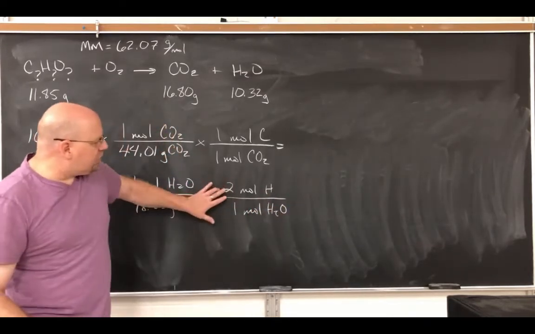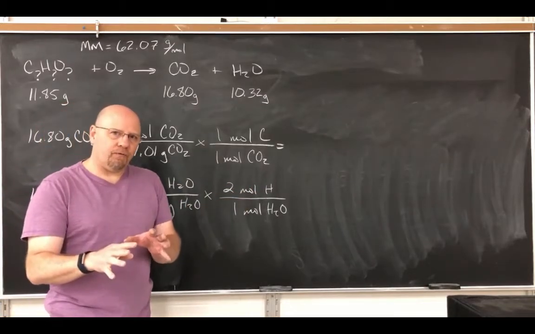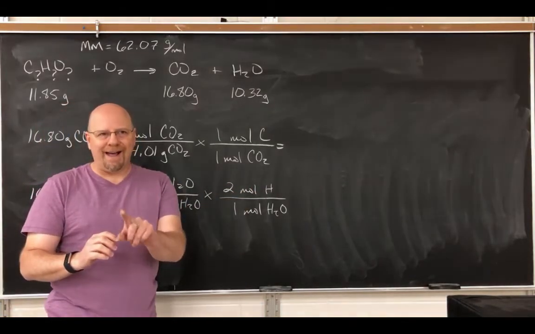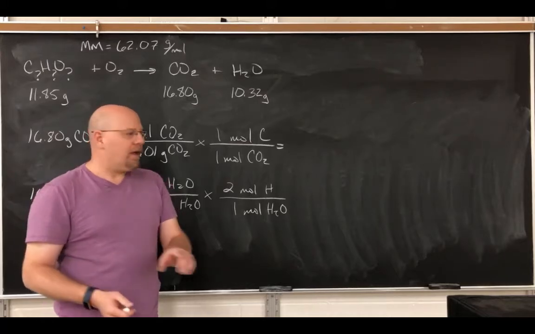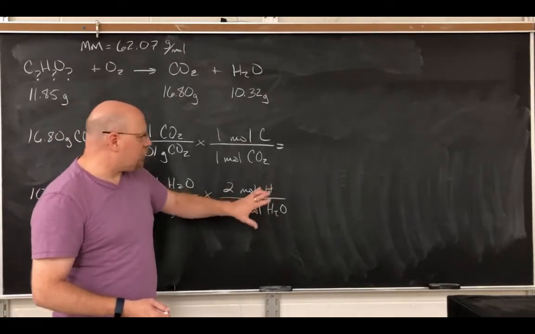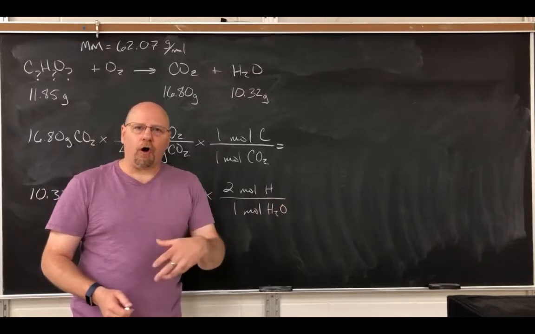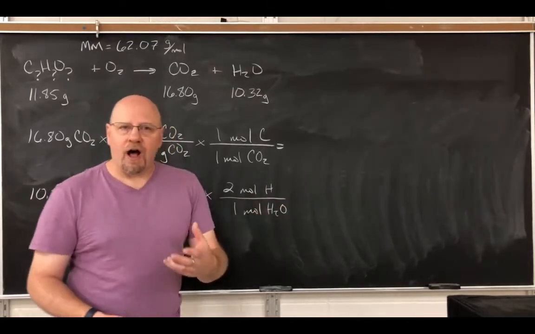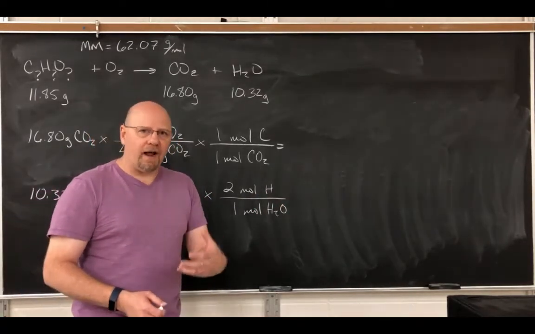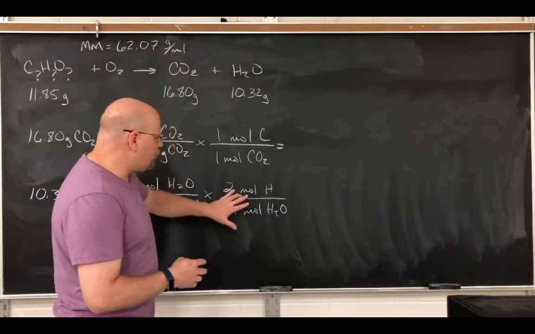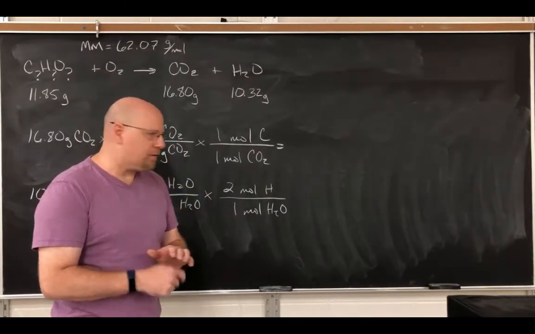Remember, we're doing this because when we're dealing with empirical formulas, we deal with the single element or atom of the elements and not the actual molecule. So hydrogen, nitrogen, oxygen, all of those elements that are diatomic, we would use just the single atom when we're doing these.